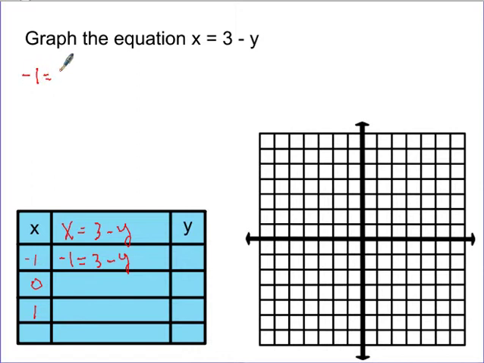-1 equals 3 minus y, and we need to subtract 3 to get it away from our variable, so subtract 3 from both sides. -1 minus 3 is -4, and -4 equals -y. Now hopefully you realize that there's a problem with having a negative variable.